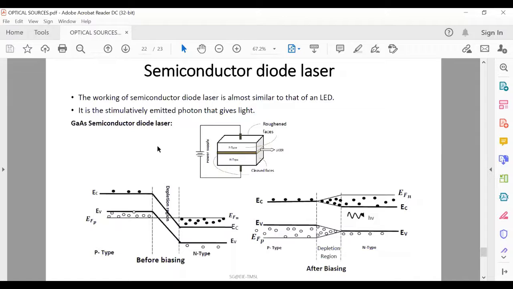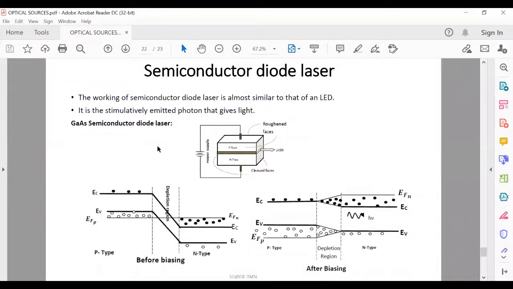Now the doping is so high that a few thousand atoms per cubic centimeter doping can be implemented, and the sandwich of this p-type and n-type forms a diode.